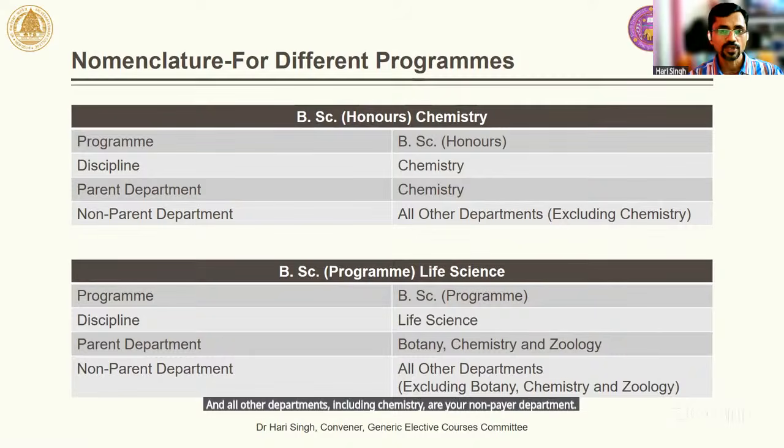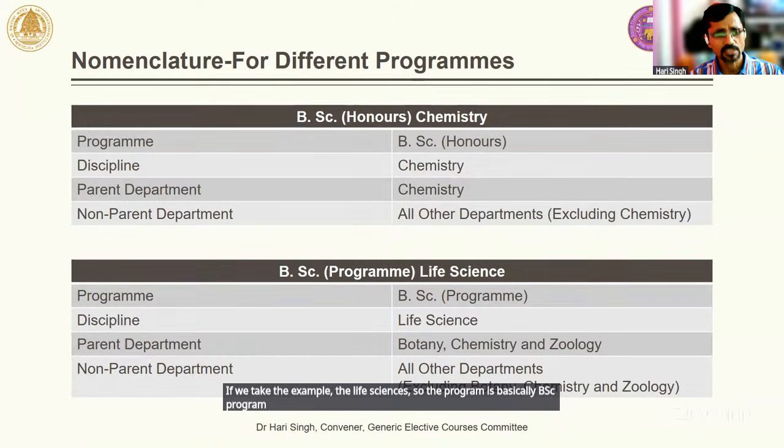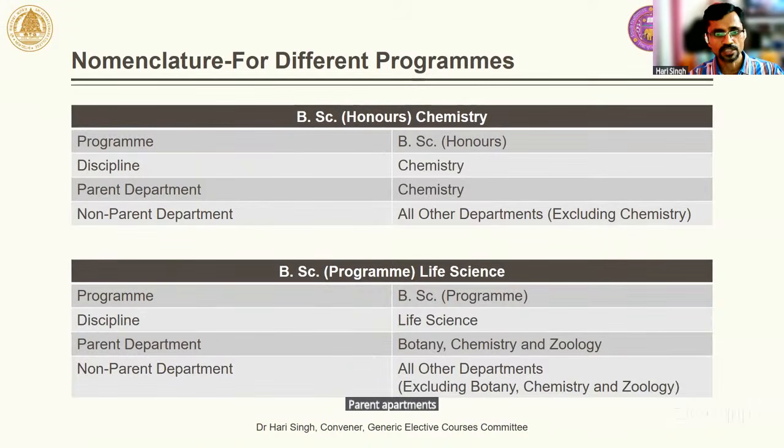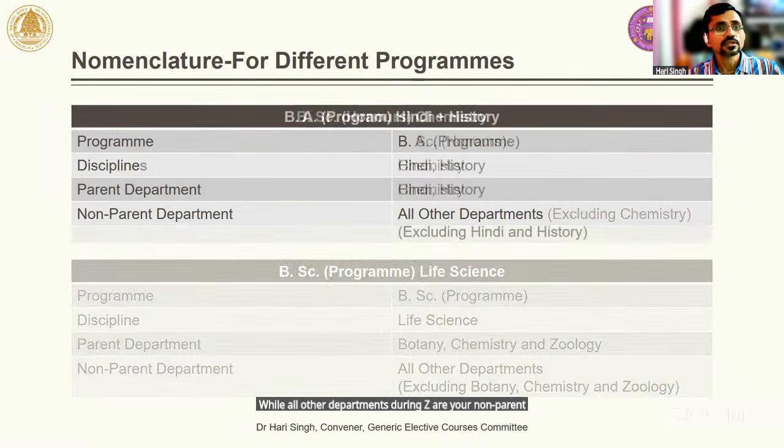If we take the example of Life Sciences, the program is BSc program, the discipline is Life Sciences, and Botany, Chemistry, and Zoology are your parent departments, while all other departments are non-parent departments.